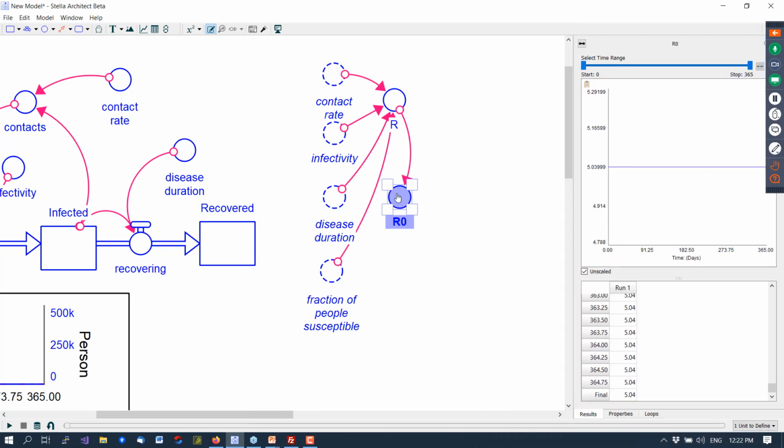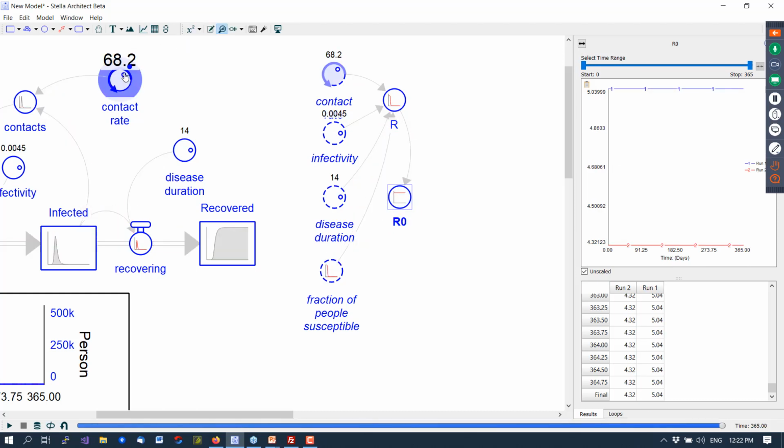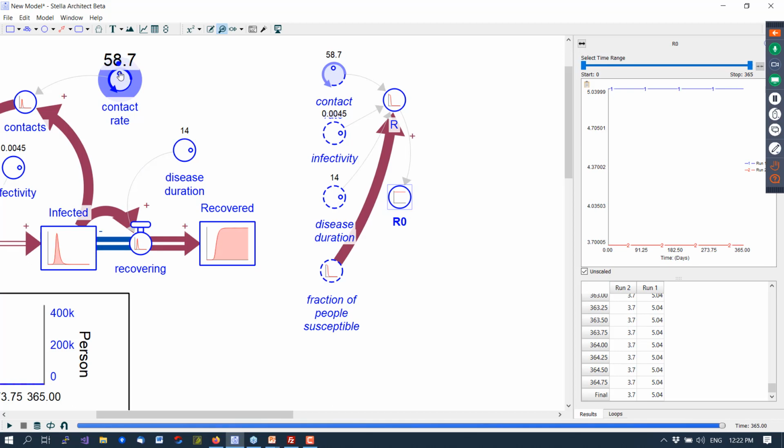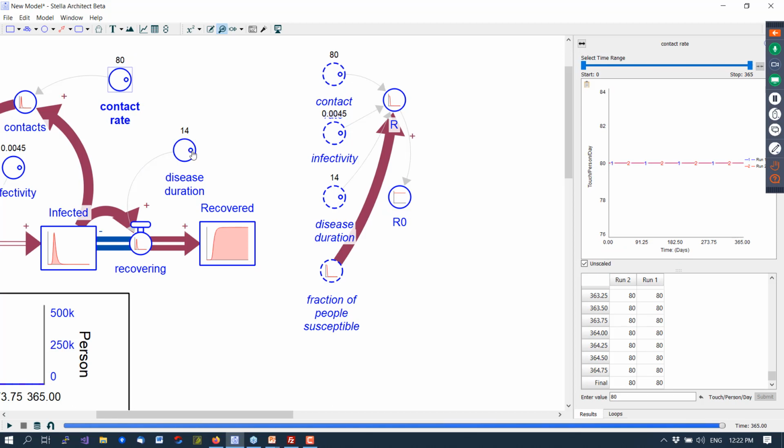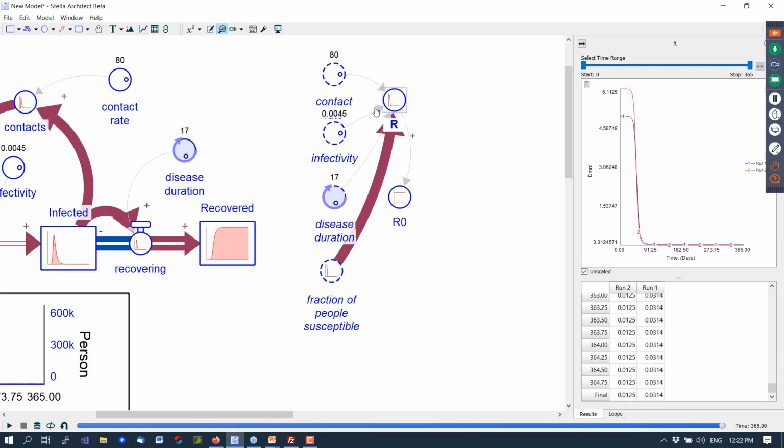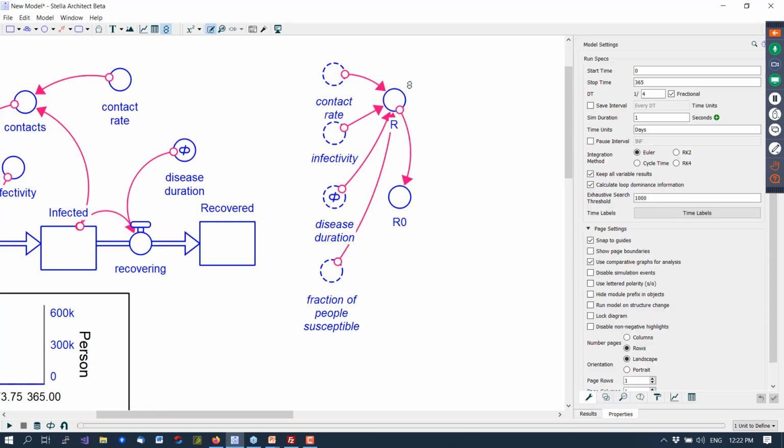To stock this, if we look at R naught, it's showing us 5. And of course, the interesting thing here is that if you change the contact rate, R decreases. So it's really determined by the contact rate. But the other thing that you change is the disease duration. A bigger disease duration gives you a bigger R. We're showing R. And actually, I can just put it in numeric display, easier.